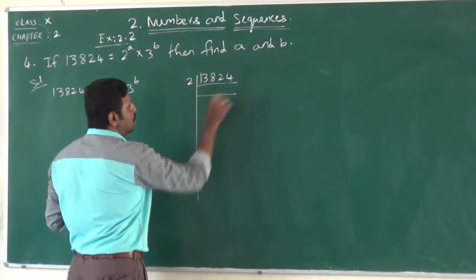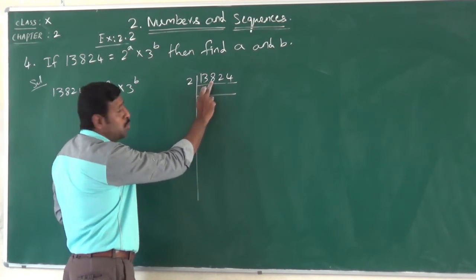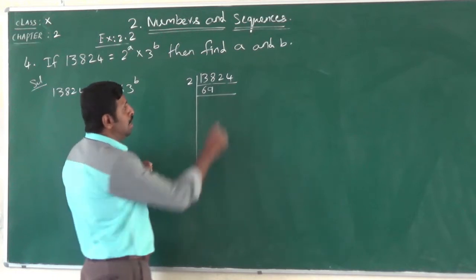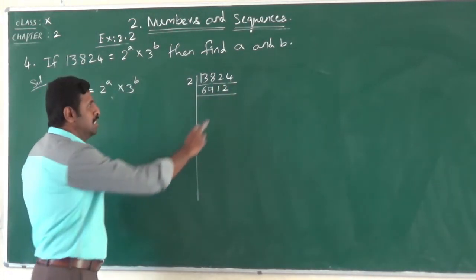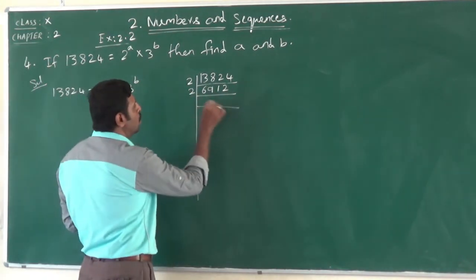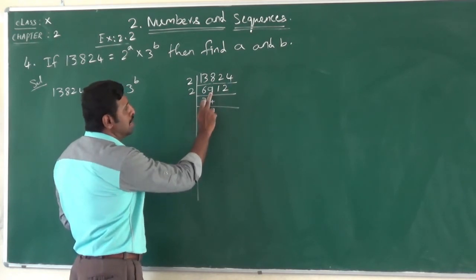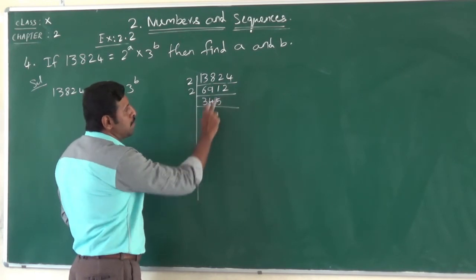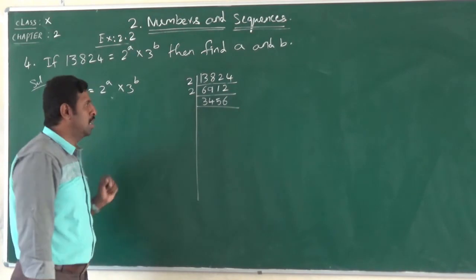Dividing by 2, we get 6912. Still it is an even number, so divided by 2, we get 3456.